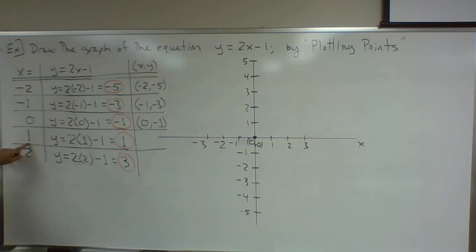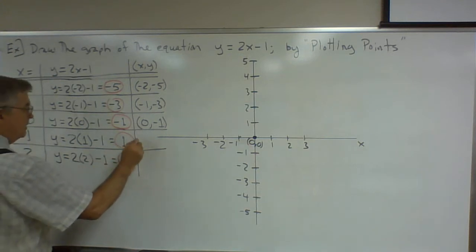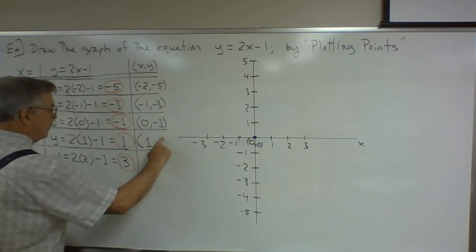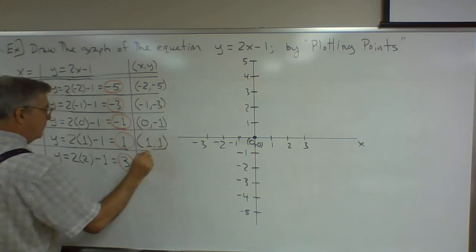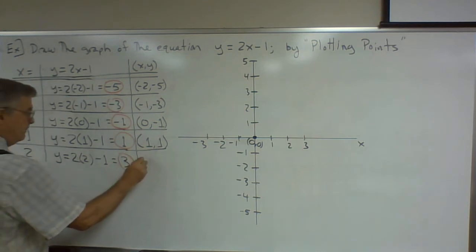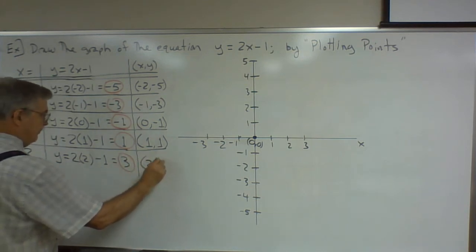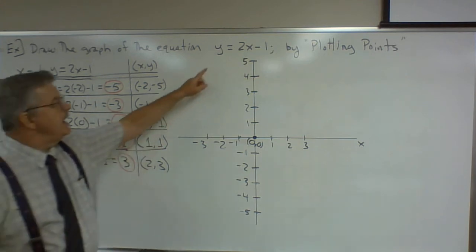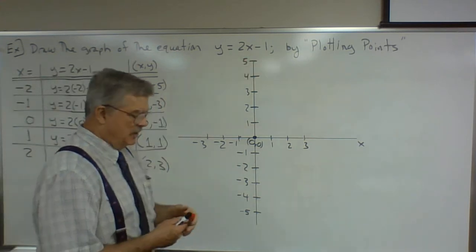When x is 1, y is 1. And when x is 2, y is 3. We have 5 points or 5 ordered pairs that we know are on the graph of y equals 2x minus 1.